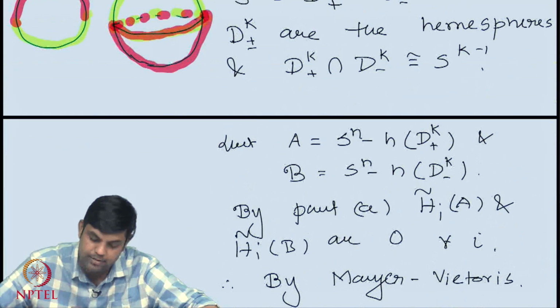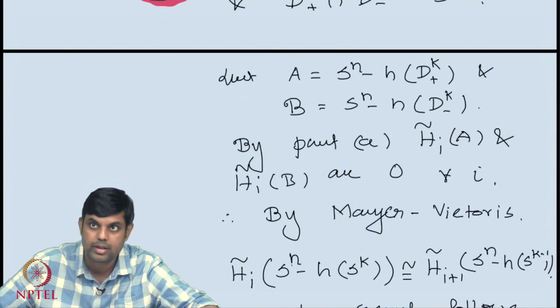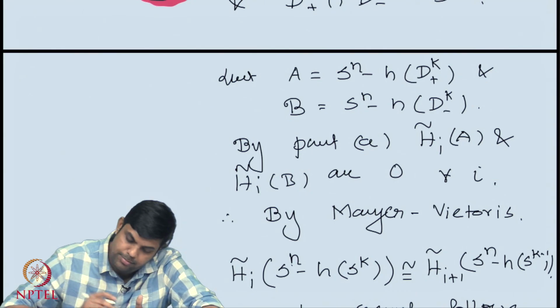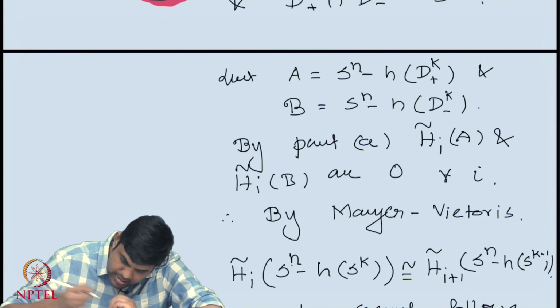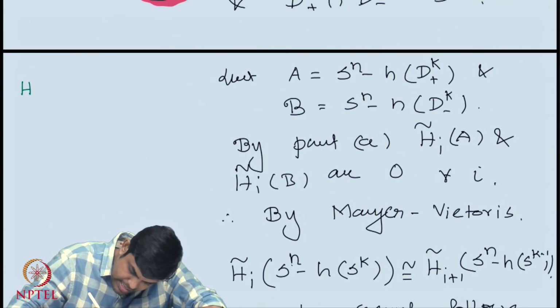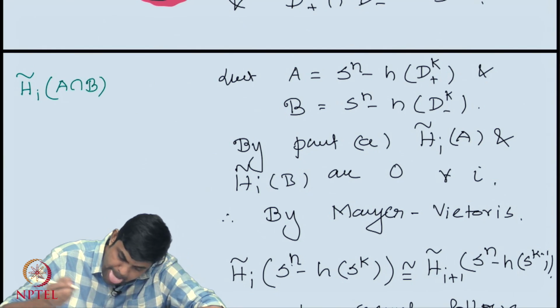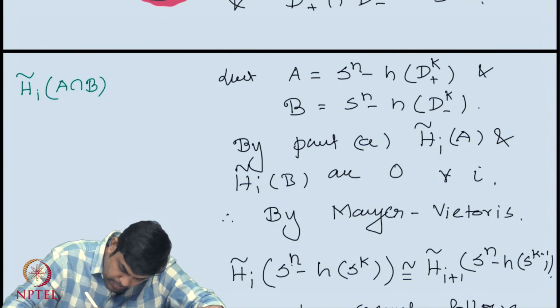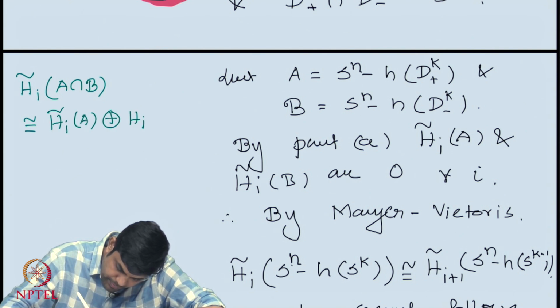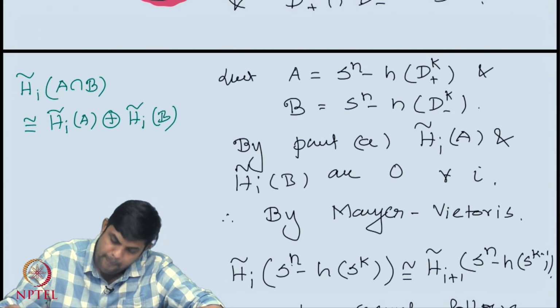Now, I can use the Mayer-Vietoris sequence again. Okay. Mayer-Vietoris sequence tells me, as in the earlier case, that Hi tilde of A intersection B is isomorphic to Hi tilde of A direct sum Hi tilde of B.